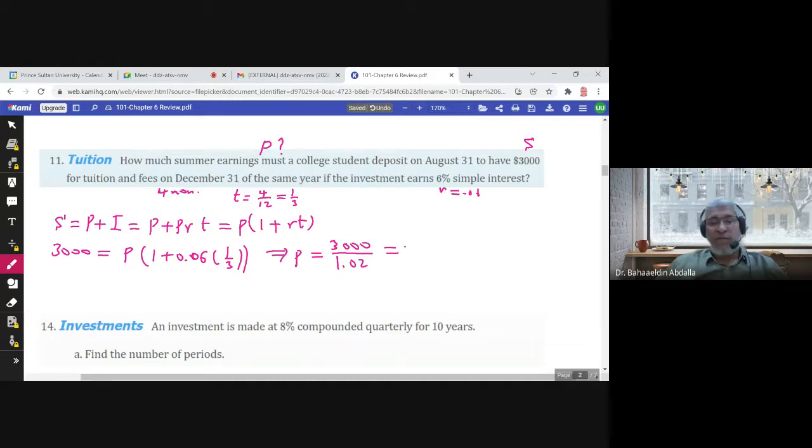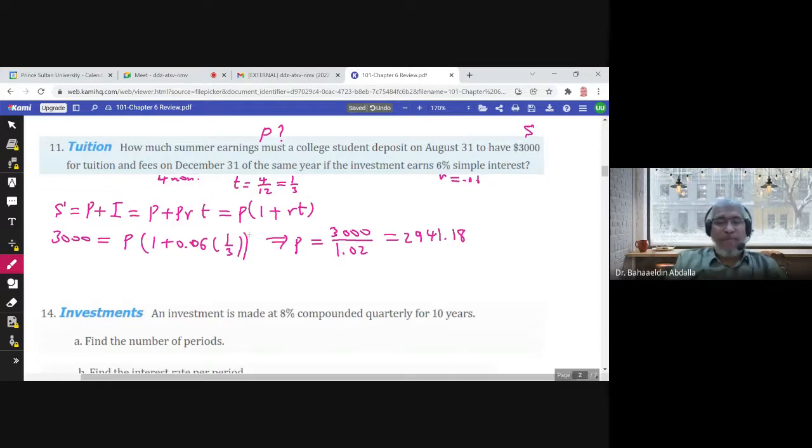So the answer is $2,941.18. This is the amount he needs now to put in the bank as a deposit to get 3,000 after 4 months under these conditions.